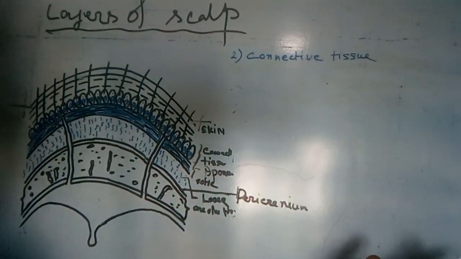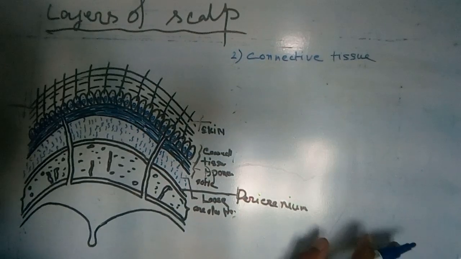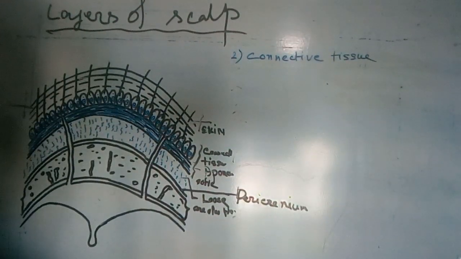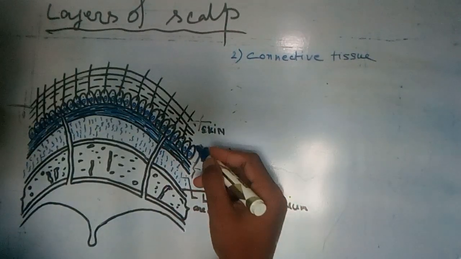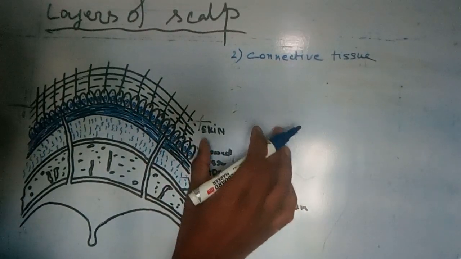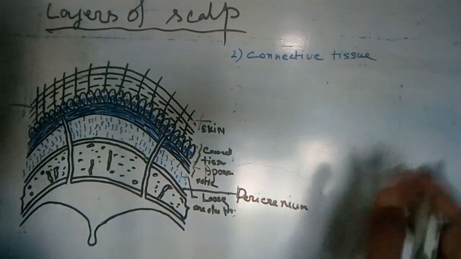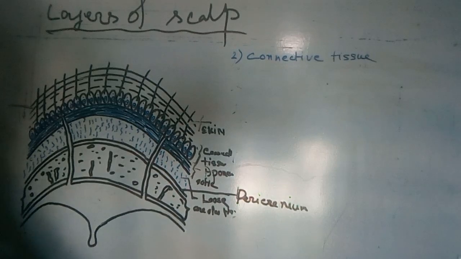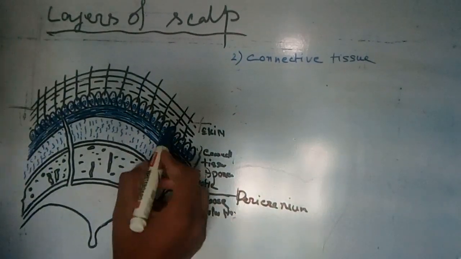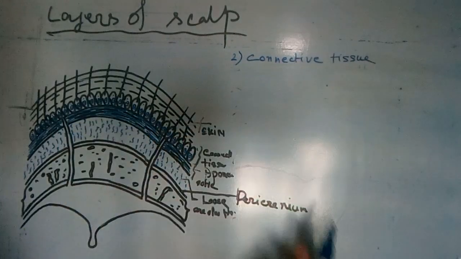The characteristics of this layer are, number one, it is a dense layer, and number two, fibrous vertical septa divide this layer into different components: fat, artery, vein and nerve.